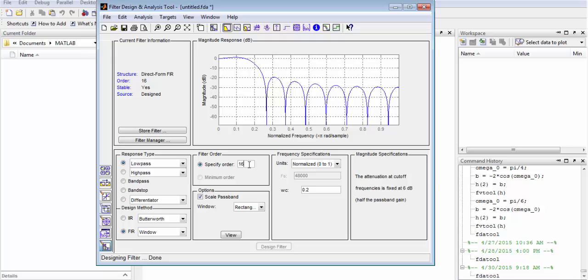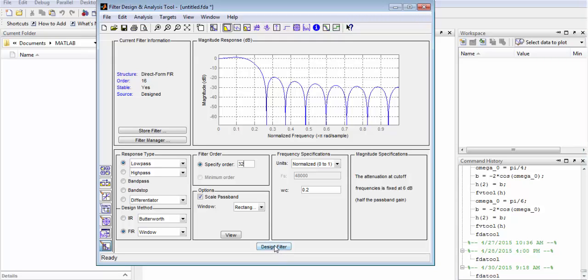Now let's increase the length. What we want to see is, does the ripple size get smaller or not? We studied that the ripple size shouldn't get smaller as I increase the length. The only thing that should happen is that where the transition is happening should become closer to 0.2. So let's make that 32.